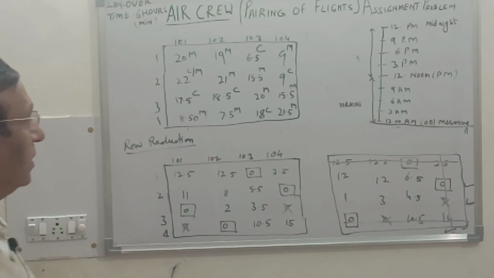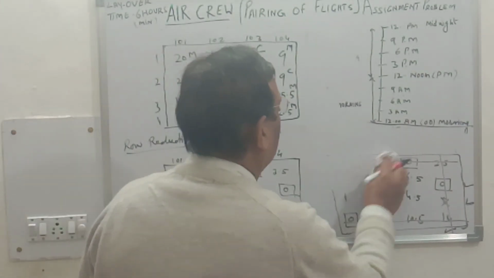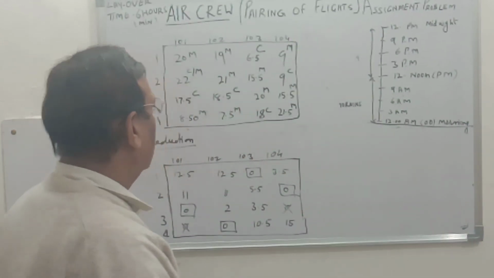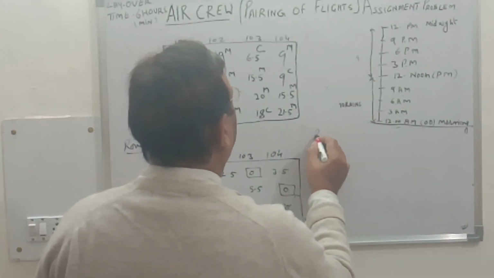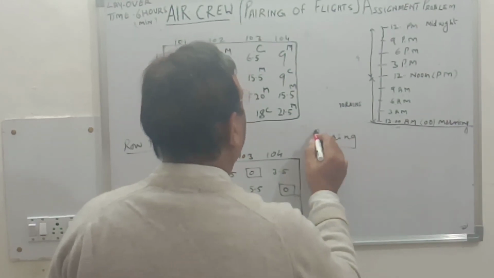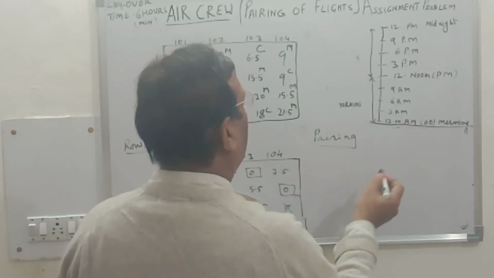Then how to write this answer and how to explain this answer? That is called pairing. Pairing means by which flight the crewman should go and come back.